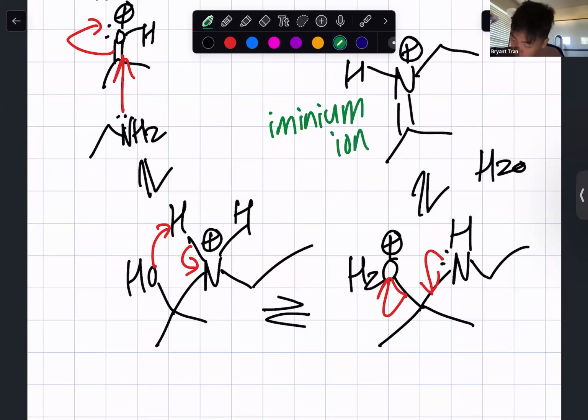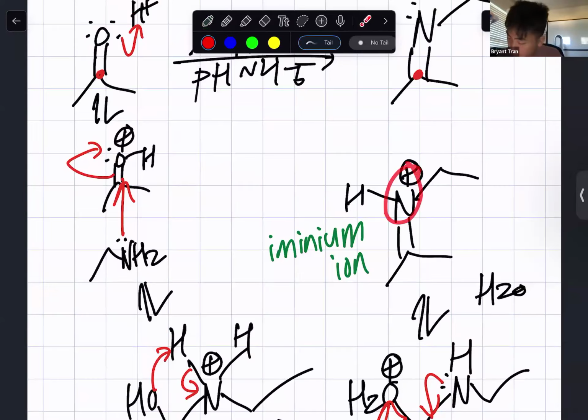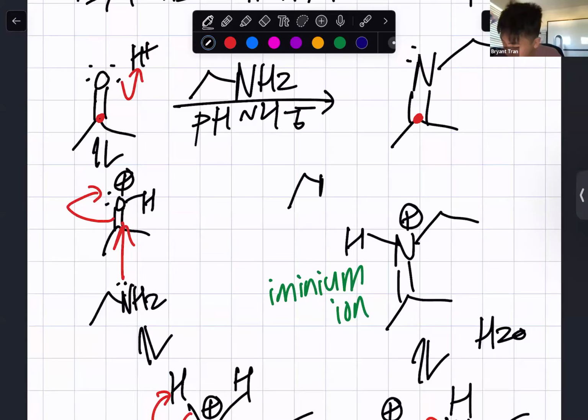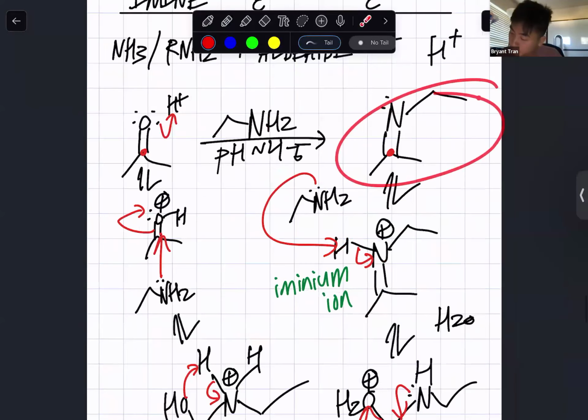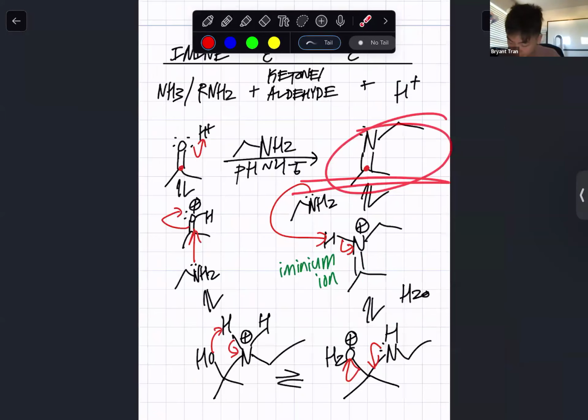And it's an ion because it has a formal charge of +1. It's an iminium ion because we have a carbon double bond nitrogen. The final thing here is to use a base. You can use the second equivalent of the amine to serve as the base, to deprotonate and neutralize this positively charged nitrogen to give us this neutral imine here, like that.